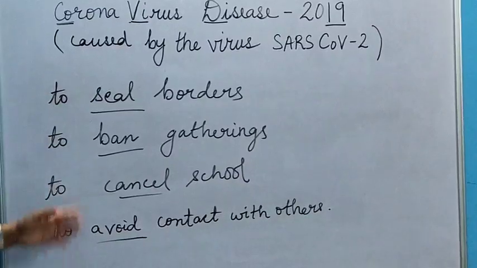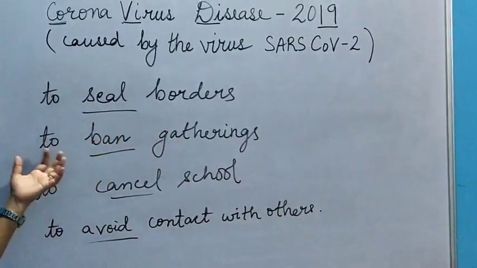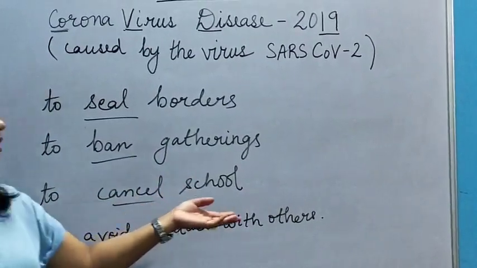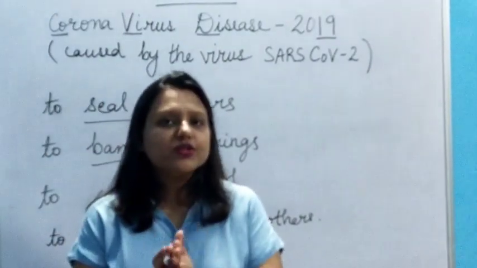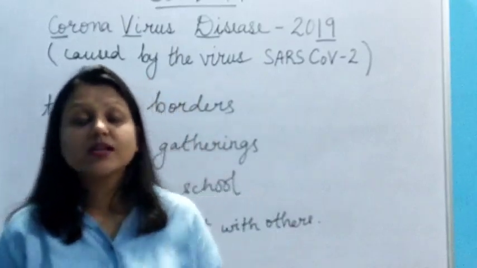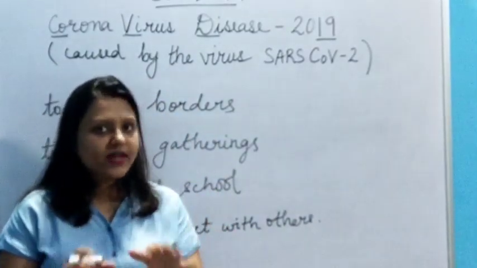So you can see they are used as verbs. To seal borders, to ban large gatherings, to cancel school, to avoid contact with others. So up till now, we understood about the nouns, we understood about the verbs, we understood about the various terms which are in use presently.